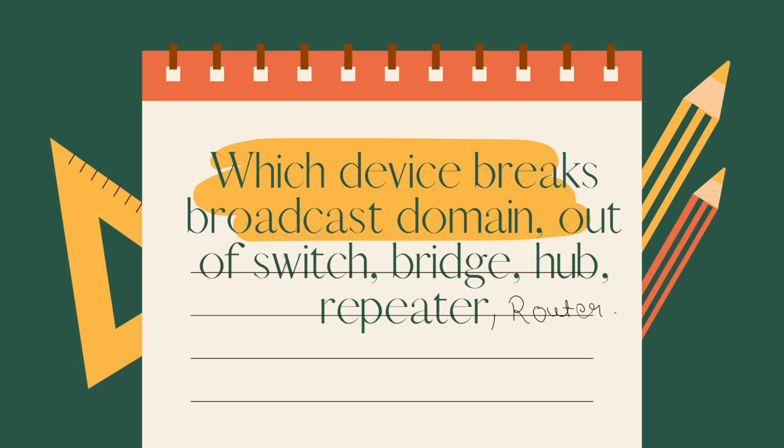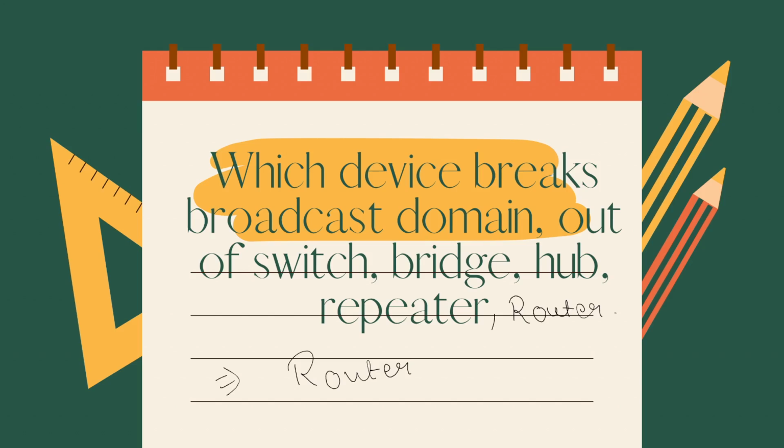So out of all these options, which device breaks the broadcast domain? The right answer was router itself. Router is the one that breaks the broadcast domain, and it also breaks the collision domain. We also call it the broadcast domain separator and the collision domain separator.